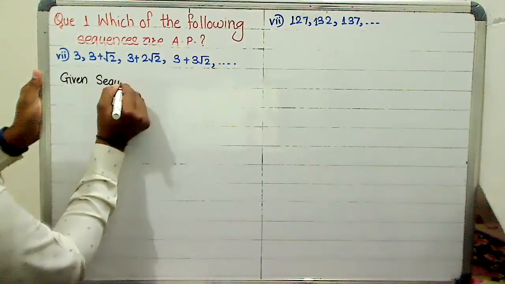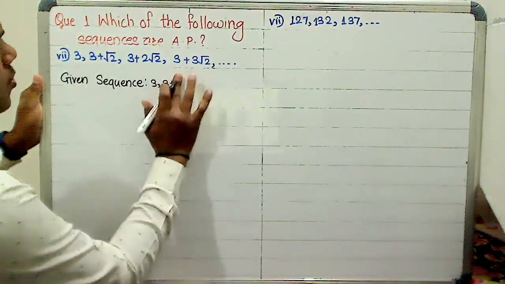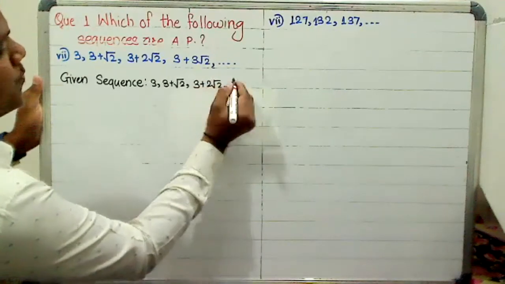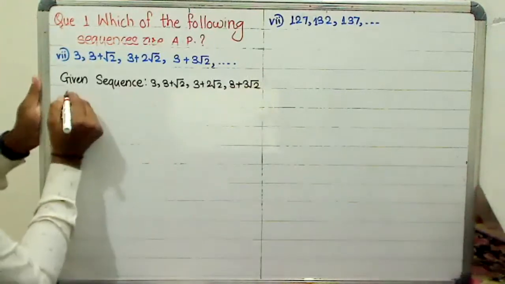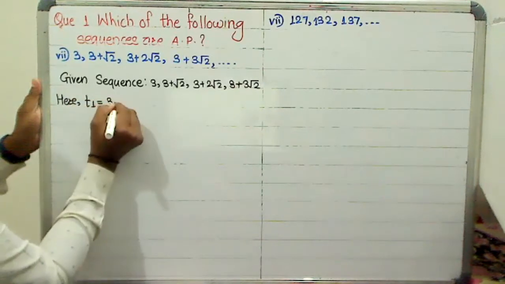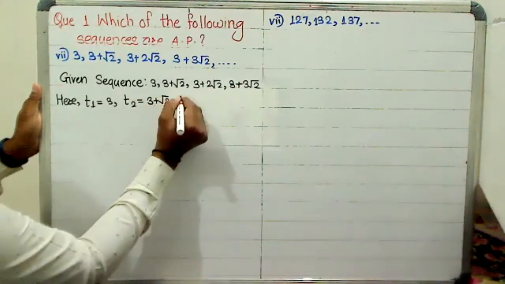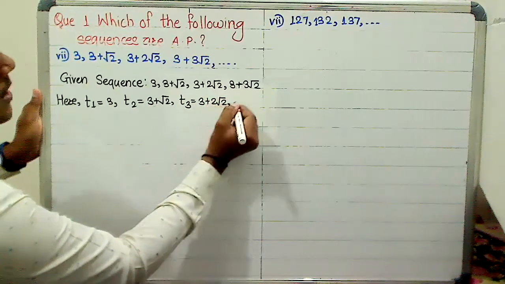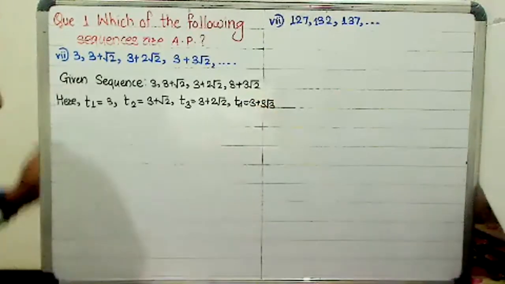Now here, first term t1 is equal to 3, second term t2 is equal to 3 plus root 2, t3 is equal to 3 plus 2 root 2, and t4 is equal to 3 plus 3 root 2.